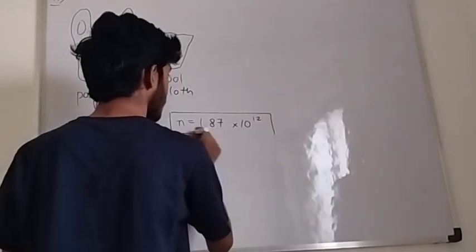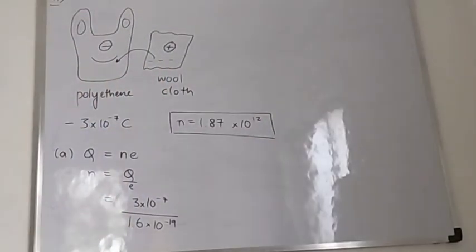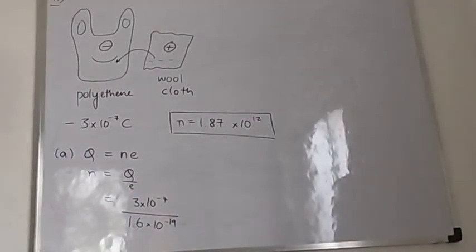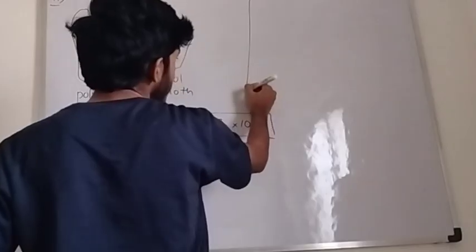These are the number of electrons transferred. You can do the math here. This will come out to be this.